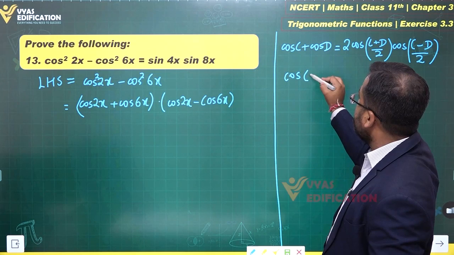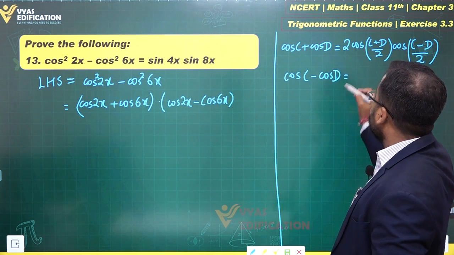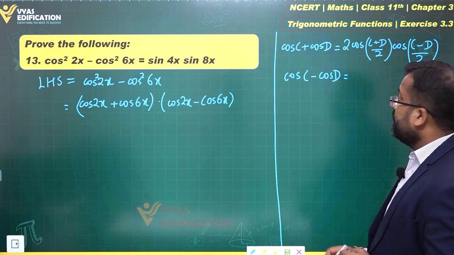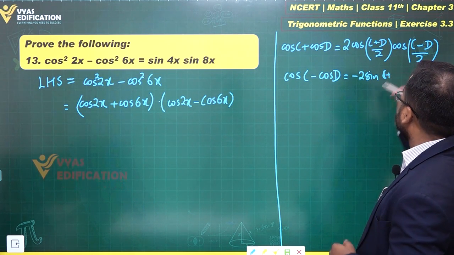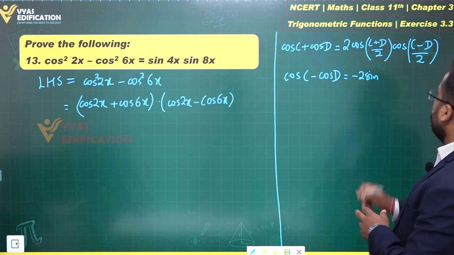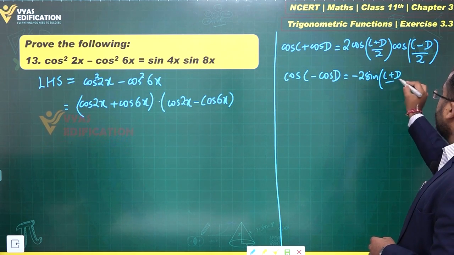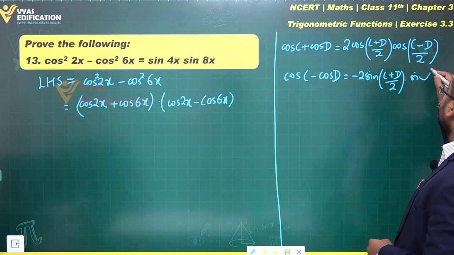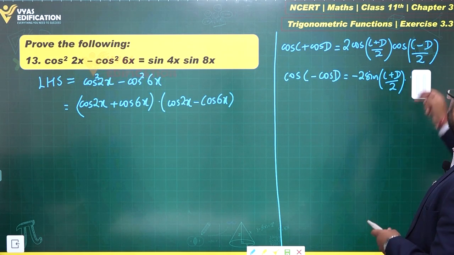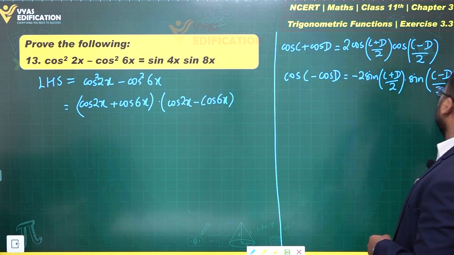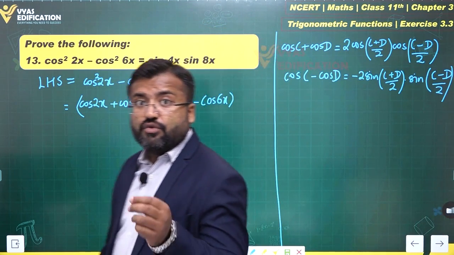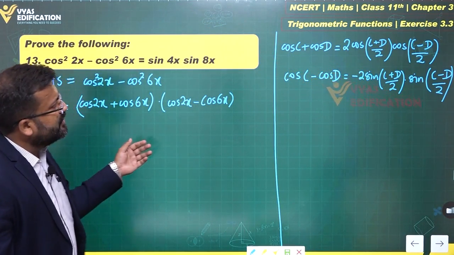Then cos C minus cos D is equal to what? Please take a look at this carefully: minus 2 sine of C plus D by 2 times sine of C minus D by 2. Those are two important results, and those results can be used over here.